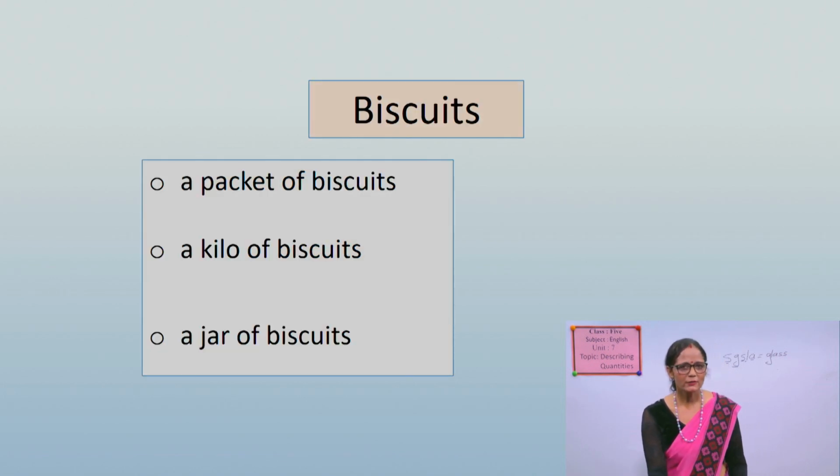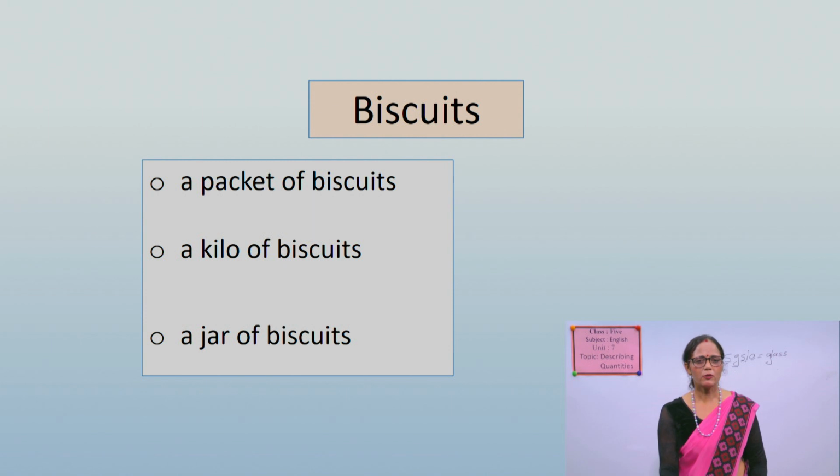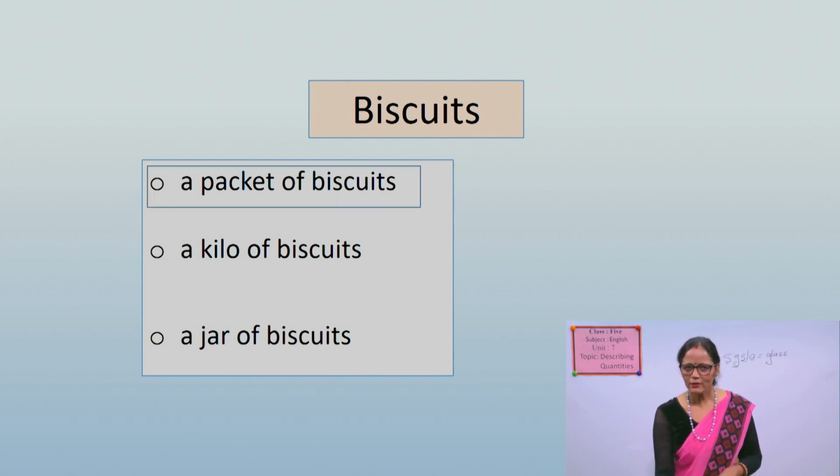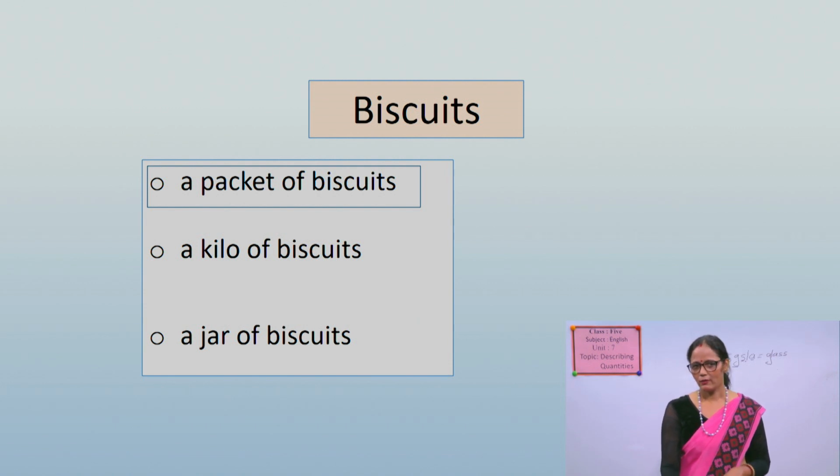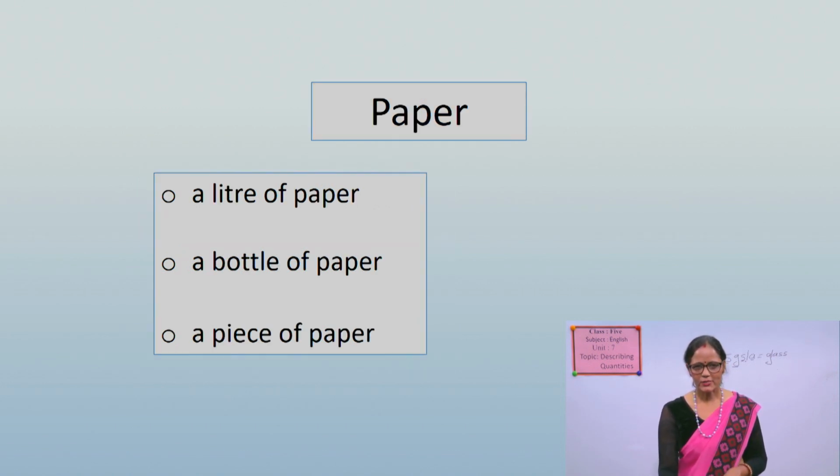And the biscuits? You have bought biscuits so many times. Then, can we buy biscuits in a packet or in a kilo or in a jar? In a packet? Let's check. Yes. A packet of biscuits.